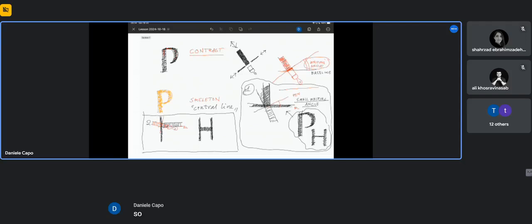So we can see that there is contrast in both these letters.